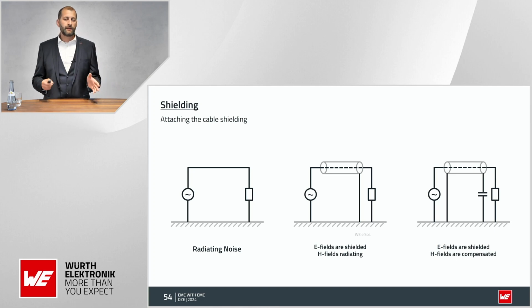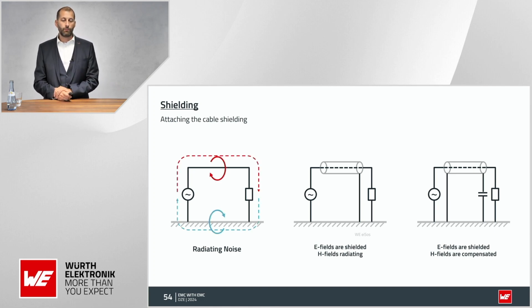But what we can be certain is, if we do not attach the shielding on both sides, the generated electric field and magnetic field will radiate uncontrolled. So the only happy guy in this scenario is going to be the cable harness maker. Why? Well, because he can sell you the more expensive shielded cable and has no additional work to do. What happens if you attach it on one side?